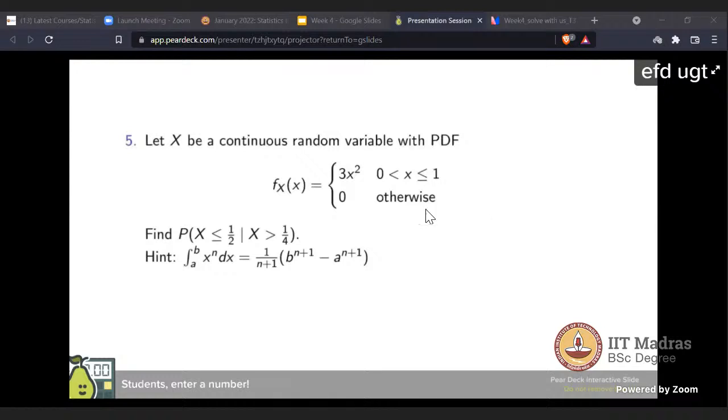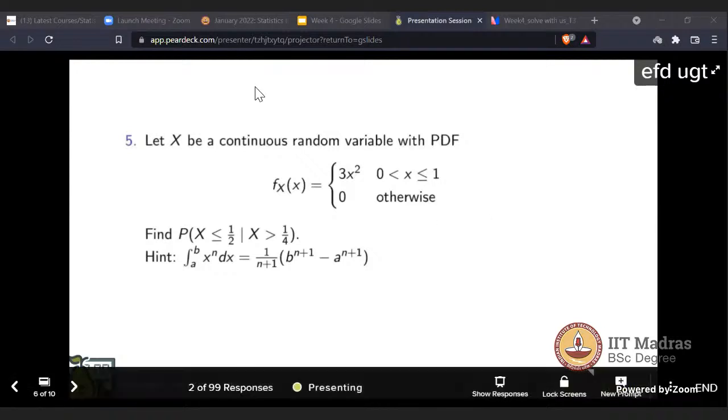Ma'am, will the K value be used from the previous question? Here there is no K. Okay. Why did I copy that?